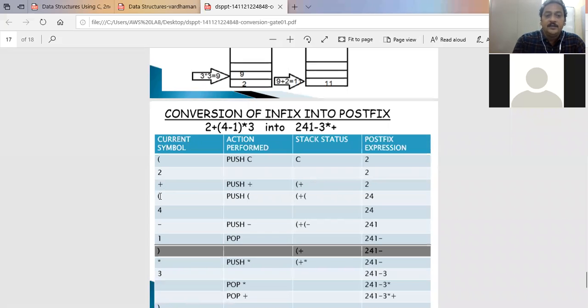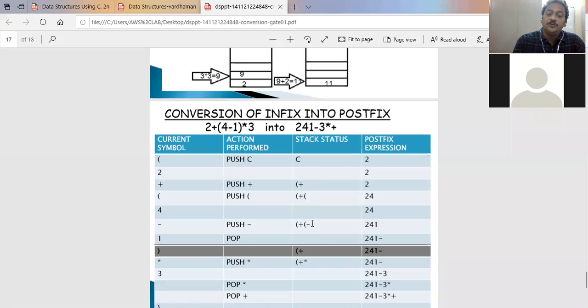Then there is a left parenthesis again, added to the stack. The next symbol is 4, which is added to the postfix string. Then minus is added to the stack. Then 1 is added to the postfix expression, and then the right parenthesis.